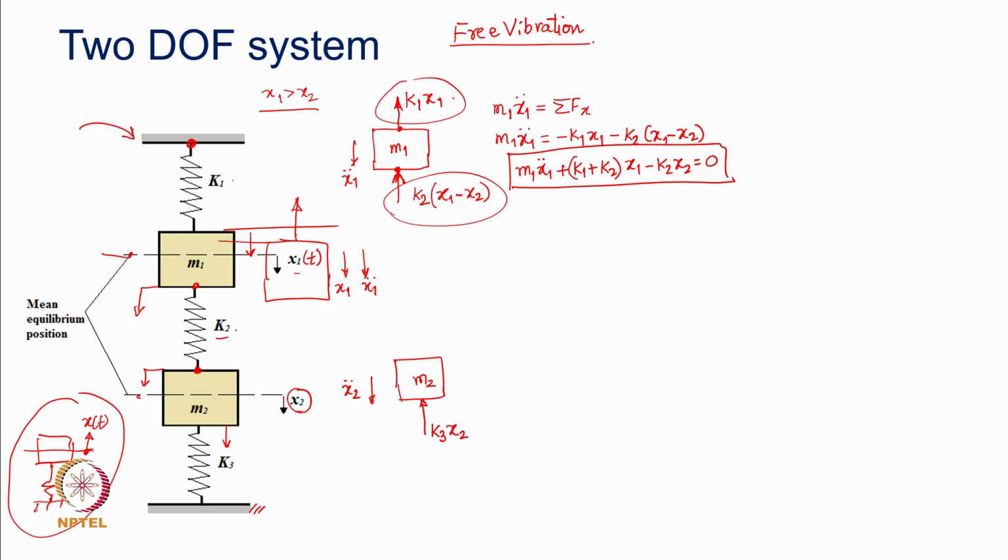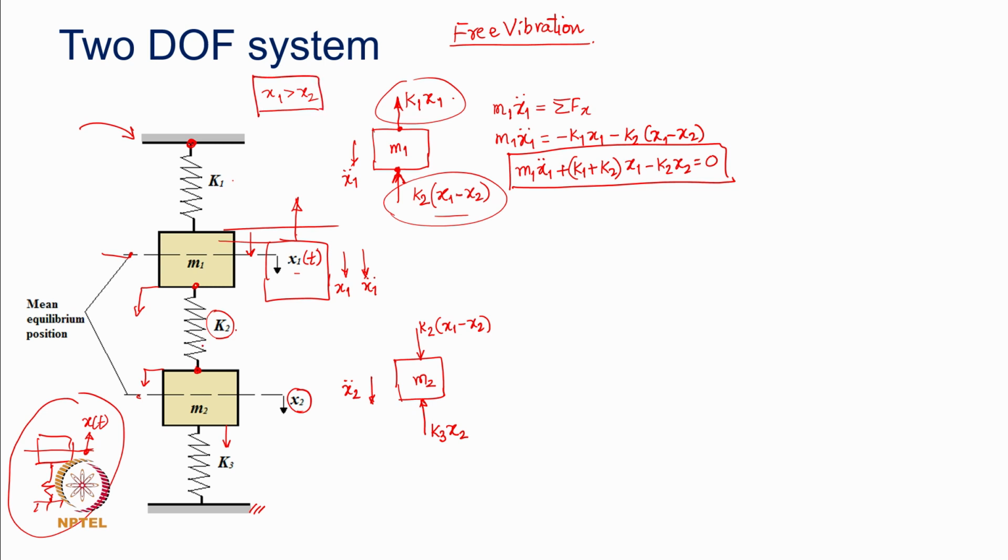What about the other force coming from K2? It will be simply equal and opposite to this force. So, I can represent this force coming from K2 to be of the same magnitude, just that it is going to act downwards. Mass m1 pushes downwards with an amplitude greater than that of x2; x1 is assumed greater than x2.